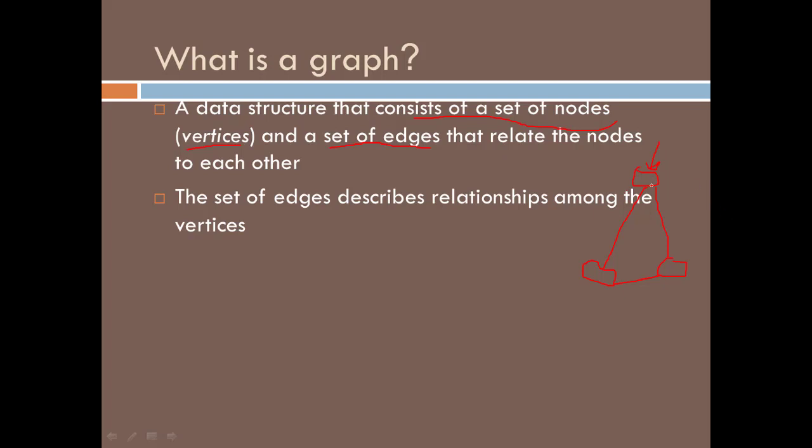If this is location 1, this is location 2, and this is location 3, then the relationship shown by an edge could represent the distance between two locations. It could also represent the cost of traveling from one node to another, for example.